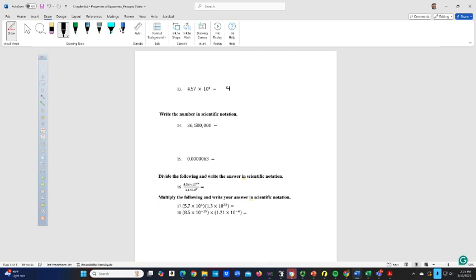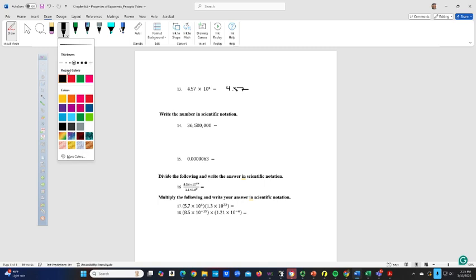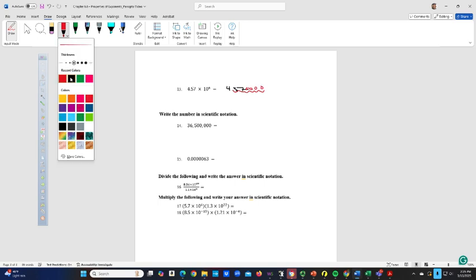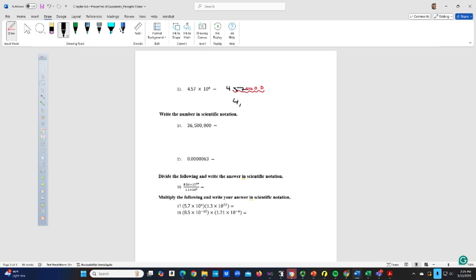So 4.57, then we move that 6 places to the right: 1, 2, 3, 4, 5, 6. Put in my zeros, and so we get a final solution of 4,570,000.